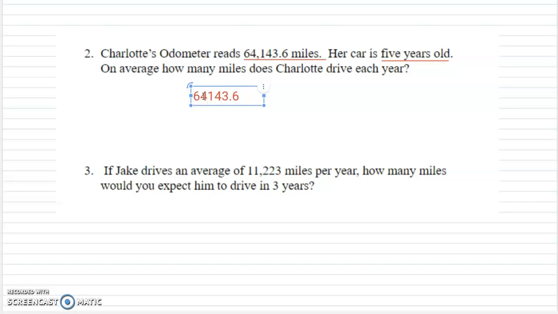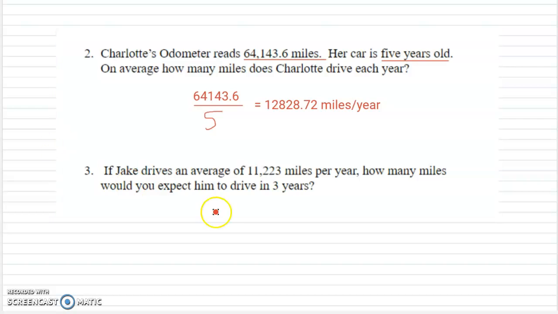So if I'm splitting something up evenly over 5 years, instead of multiplying, I'm going to divide by 5 here to get my final answer. So my final answer here is going to be 12,828.72 miles. And that's miles per year. So I'll put slash year.